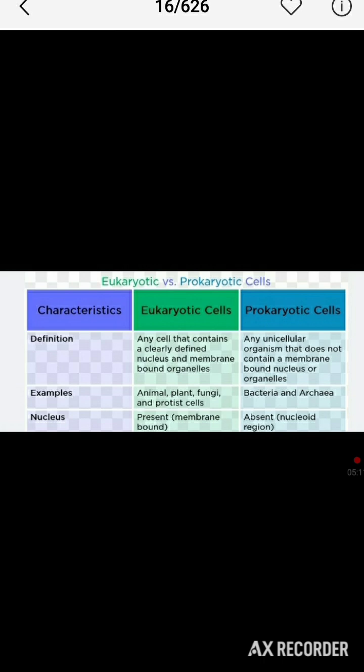But in prokaryotic cells, there is no proper nucleus, and organelles are also not bounded with any membrane. Examples of eukaryotic cells include animals, plants, fungi, and protists, while prokaryotic cells examples are bacteria and archaea.